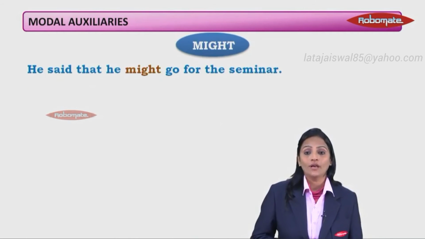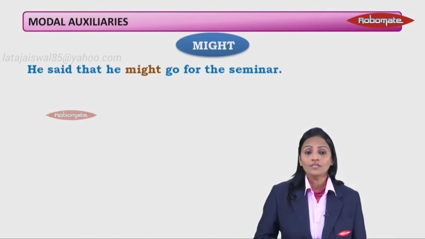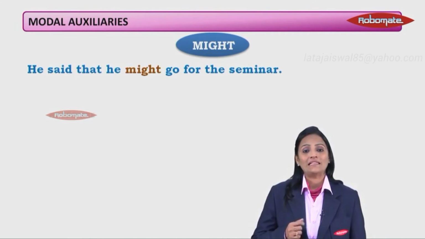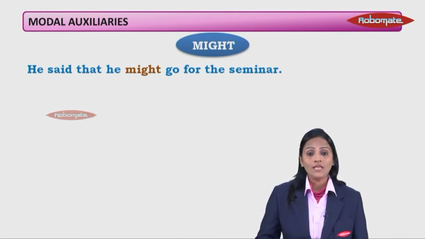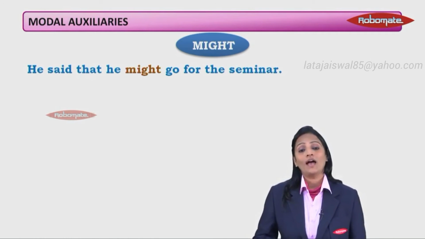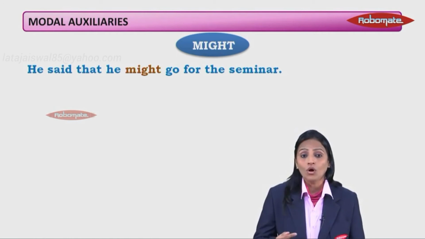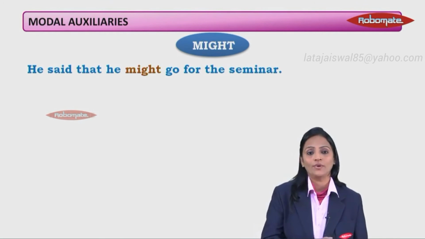Might. Now here, he said that he might go for the seminar. Now in this case, students, he said that clearly indicates it is reported speech. It is indirect speech. That means, if you remember your rules of direct and indirect, we have learned there that the modal auxiliaries will change when you change from direct to indirect.